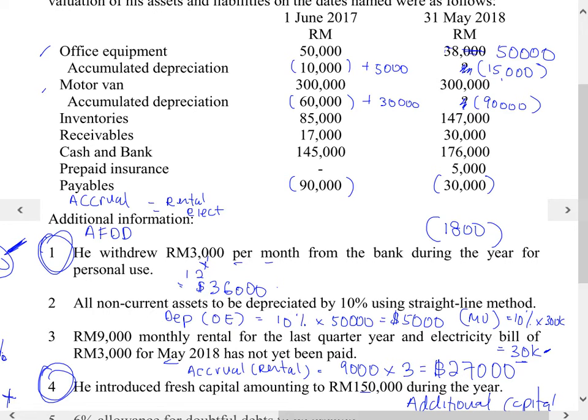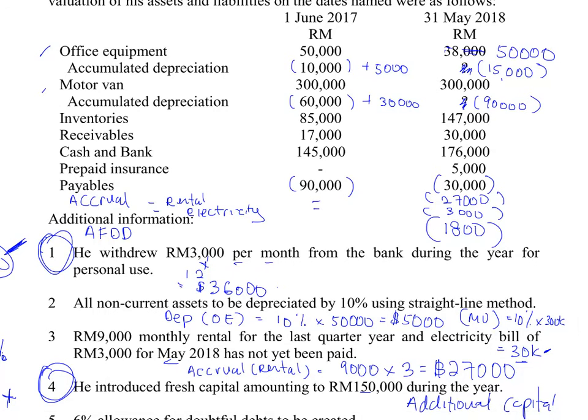So accrual is a liability. Let's create here. Rental is 27,000. Liability. Electricity 3,000. You can total together accrual as 30,000, but must show working 27 plus 3. Over here I show separately. You can combine together, no issue.